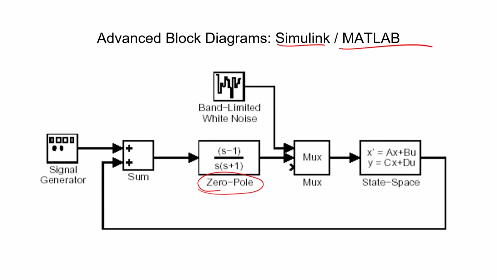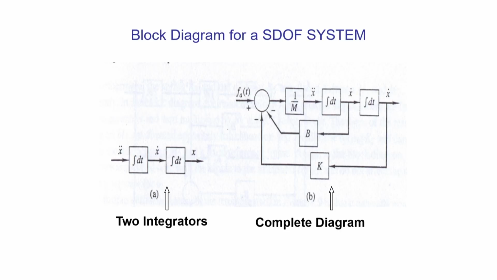Okay. Now, let us go to the block diagram for a single degree of freedom system. So, what is that single degree of freedom system? The system that we are trying to do, the complete block diagram of the system, is something like m x double dot, plus b x dot plus k x equals F(t), right.